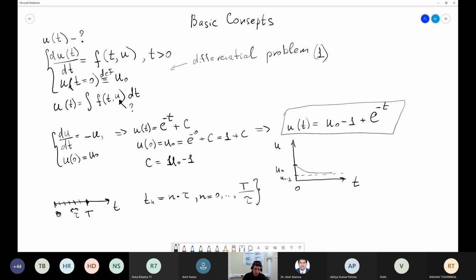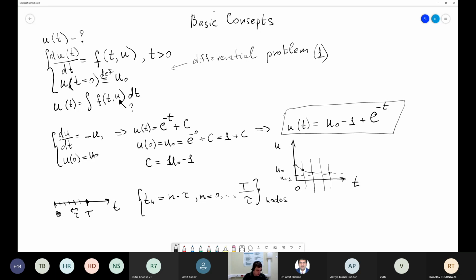So we have this set of nodes, and we can project our analytical solution on this set of nodes, simply putting these nodes here and calculating the values at this intersection.